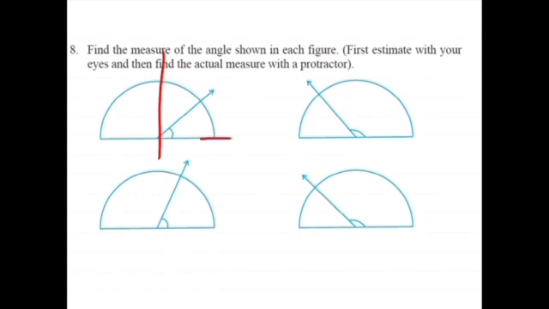Now this angle is 90 degrees. This angle is 90 degrees. But this ray separates the 90 degrees into two equal parts, right? So this may be 45 degrees. This may be 45 degrees.